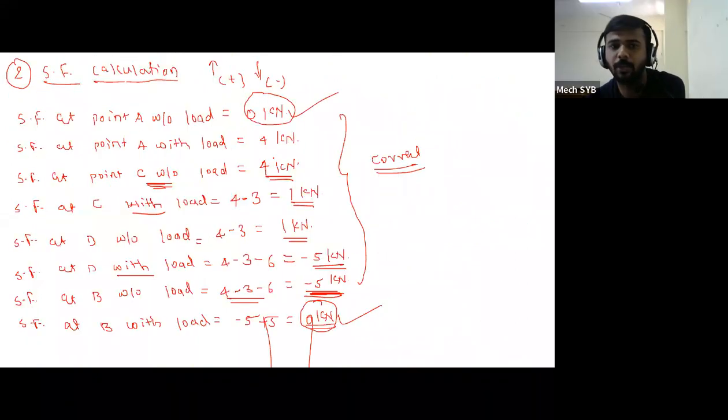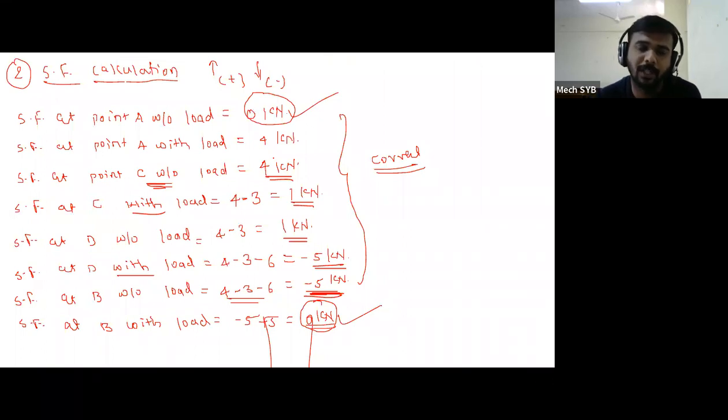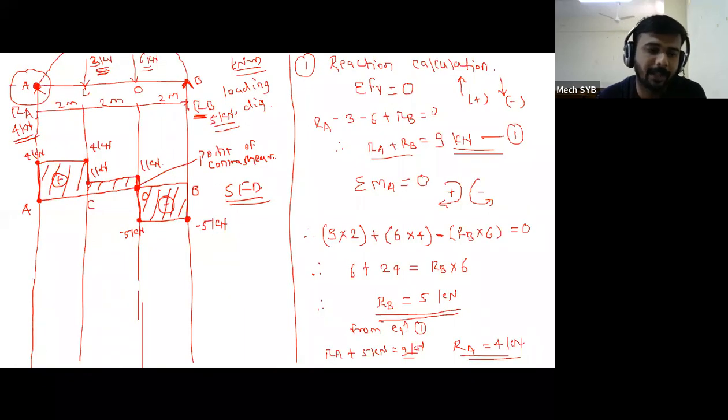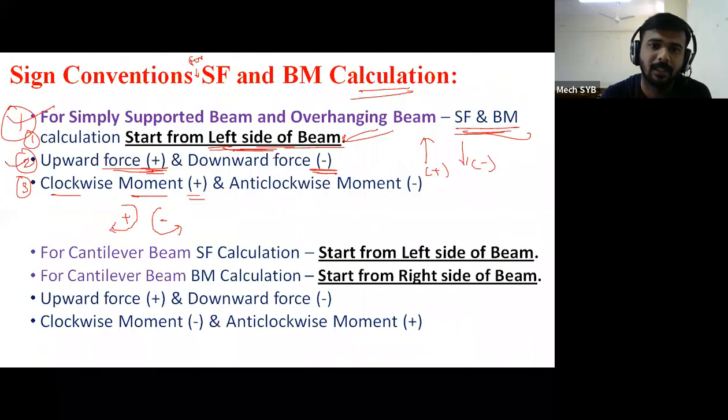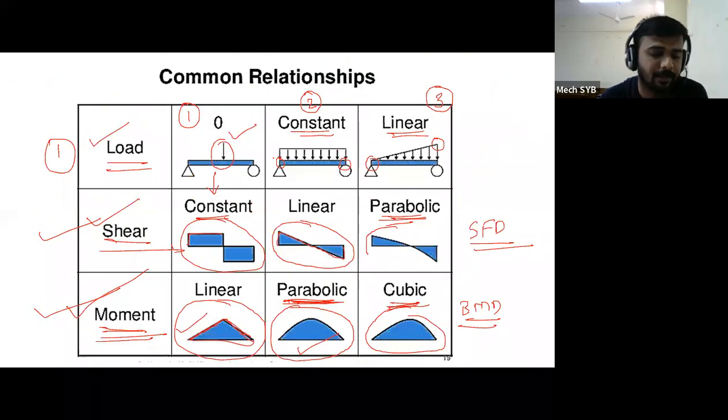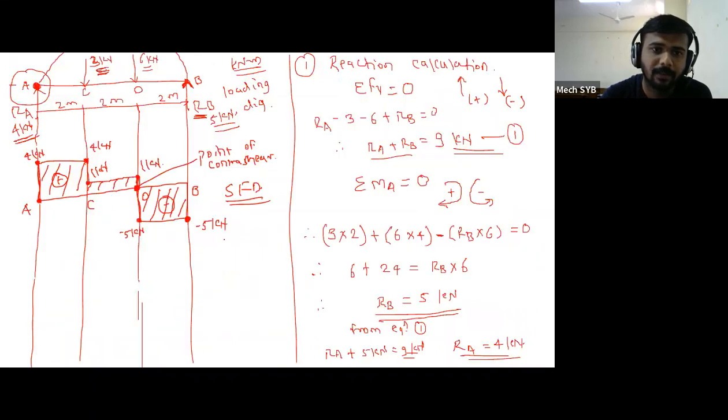So like that, we have to draw the SFD. Whatever calculations we have done, using those calculations, step by step we have followed the procedure and drawn the figure. If you remember our chart, if point loads are given, then we have to draw horizontal and vertical lines. See, our conditions are satisfied. Here there is a point load, and in this point load only vertical and horizontal lines come in our SFD.